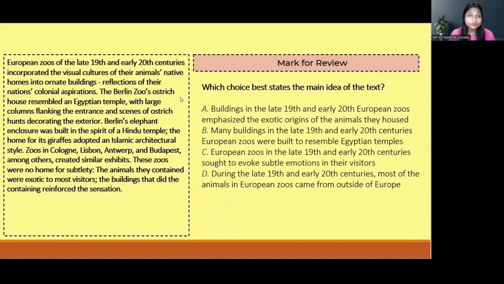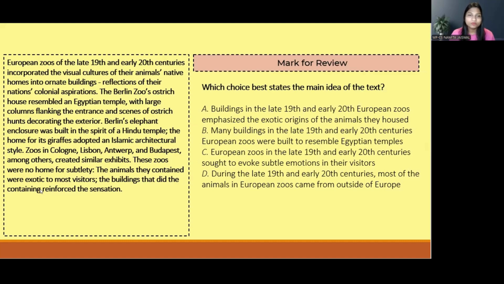The Berlin Zoo's ostrich house resembled an Egyptian temple, okay, with large columns flanking the entrance and scenes of ostrich hunts decorating the exterior. Berlin's elephant enclosure was built in the spirit of a Hindu temple. The home for its giraffes adopted an Islamic architectural style. Zoos in Cologne, Lisbon, Antwerp, and Budapest, among others, created similar exhibits.